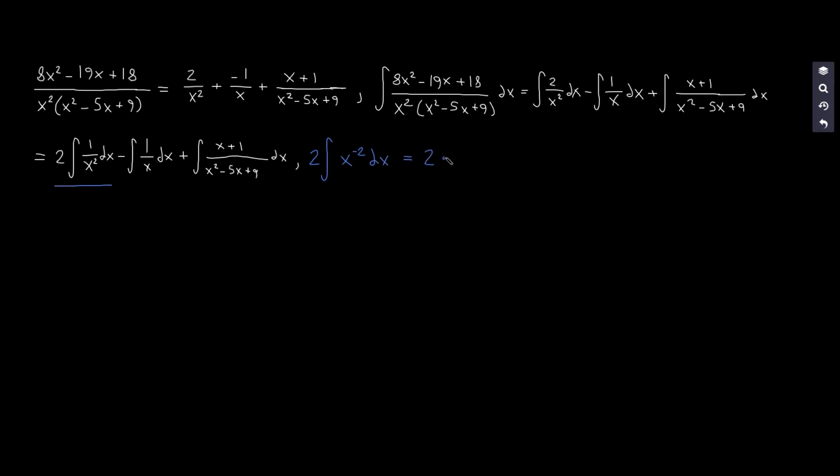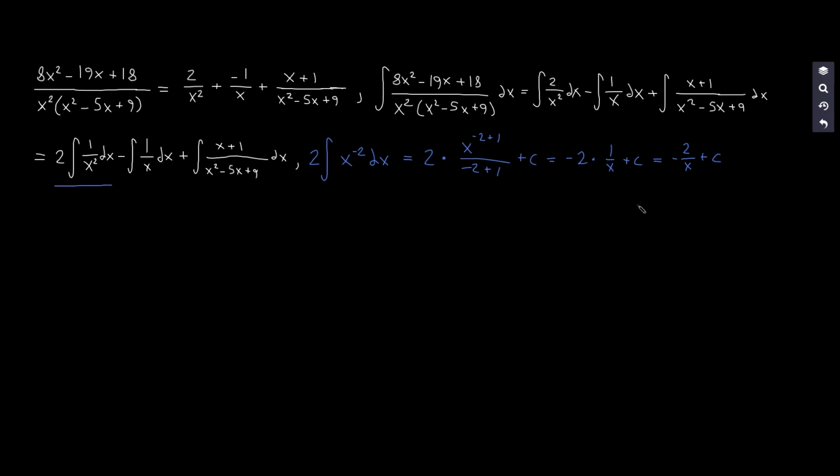Well, that's going to be 2 times x raised to the negative second plus 1 over negative 2 plus 1, plus c, technically, equals negative 2 times 1 over x plus c, which is going to be negative 2 over x plus c.